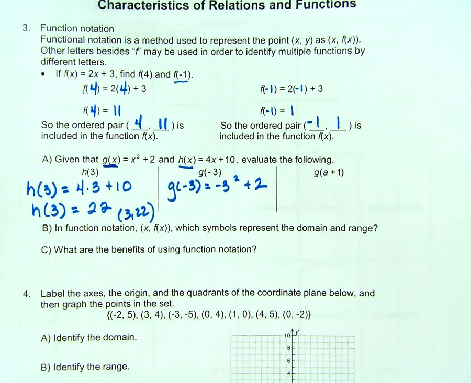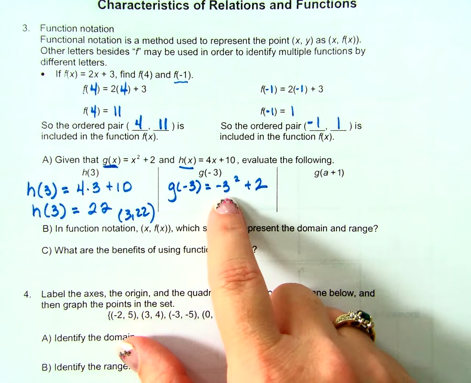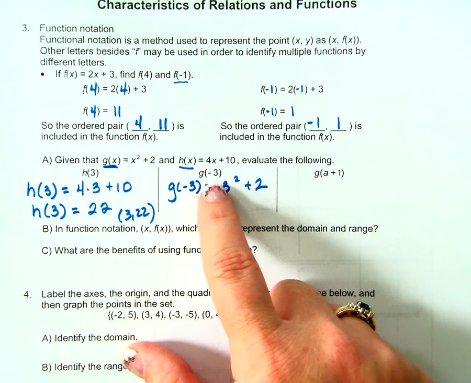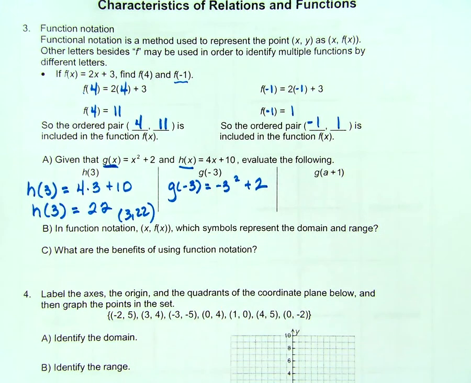What is negative 3 times negative 3? 9. We're all clear about that, right? But if I punch into the calculator negative 3 squared, enter, it's going to tell me the answer is negative 9. Because the calculator follows order of operations, which means I square it first and then multiply by negative. Is that what I meant?